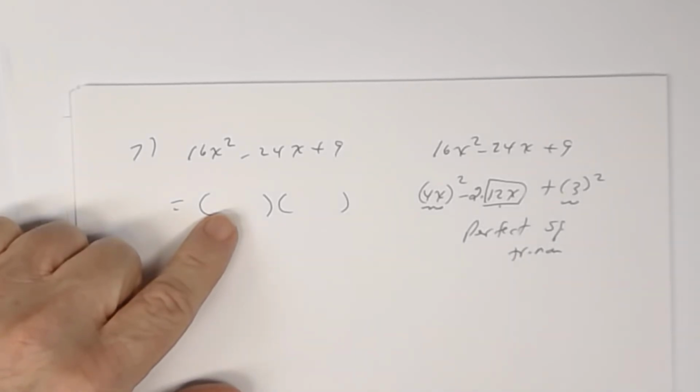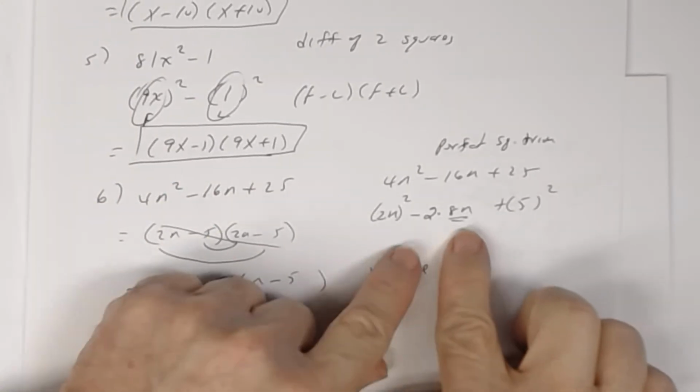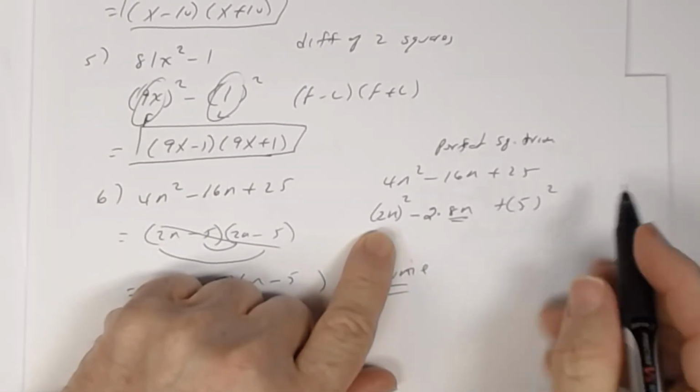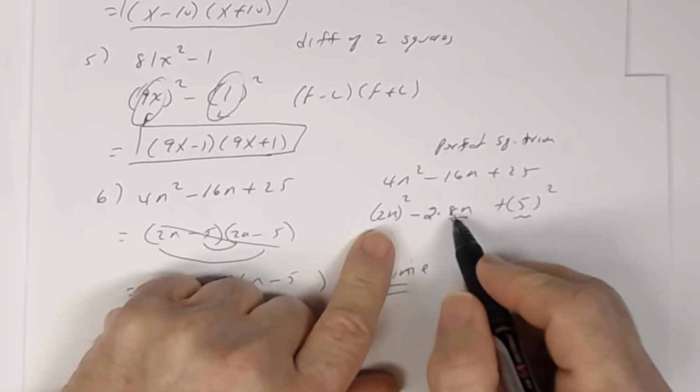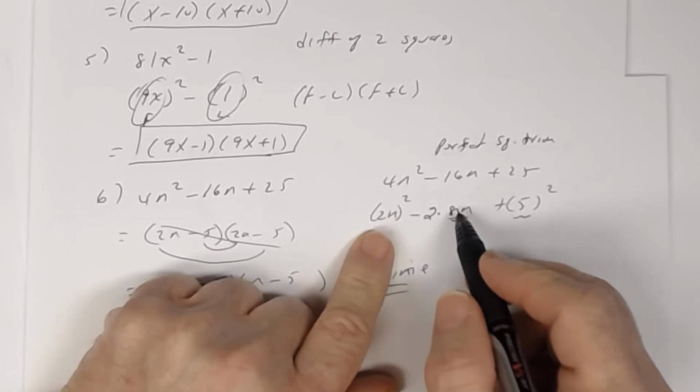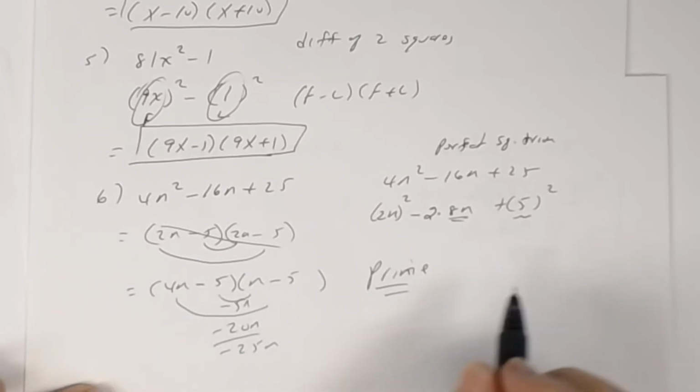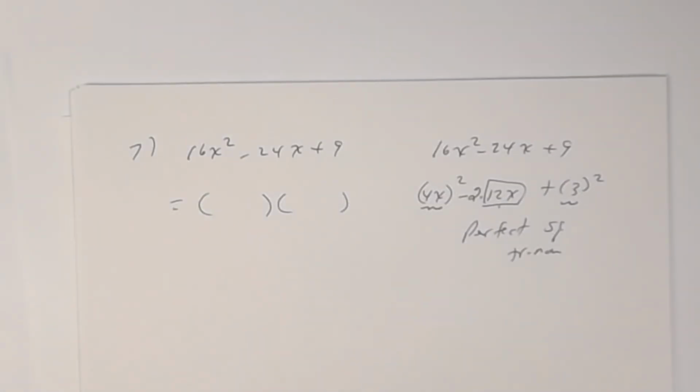And so when you go back to the previous one, you see that's 2n and that's 5. When you multiply that together, that's 10n. That's not what you wanted. You wanted 8n. So that's not a perfect square trinomial. In fact, we saw that it's prime. But this is a perfect square trinomial.